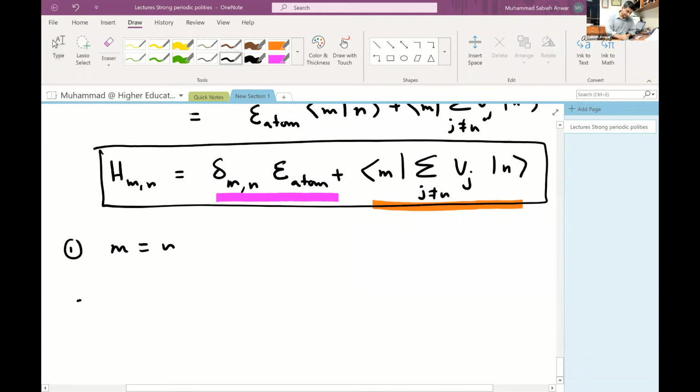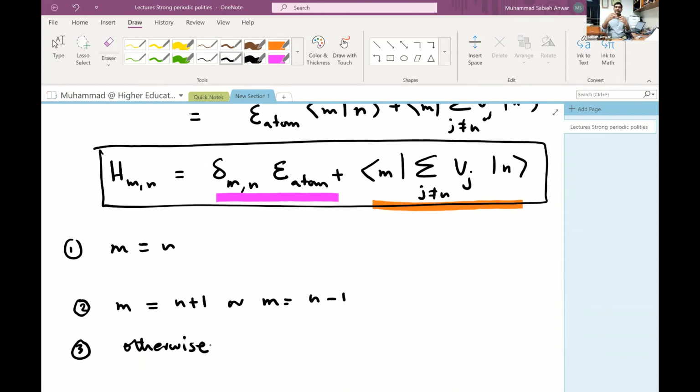The second scenario is that m is n plus 1 or m equals n minus 1, which means that m and n differ by 1 unit, just 1 unit. And the third scenario is otherwise, that is neither of the above.